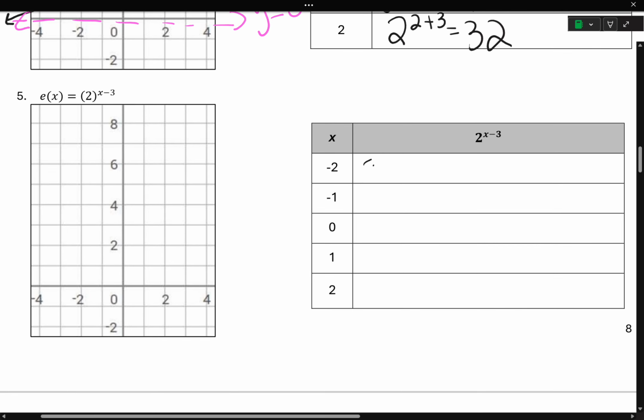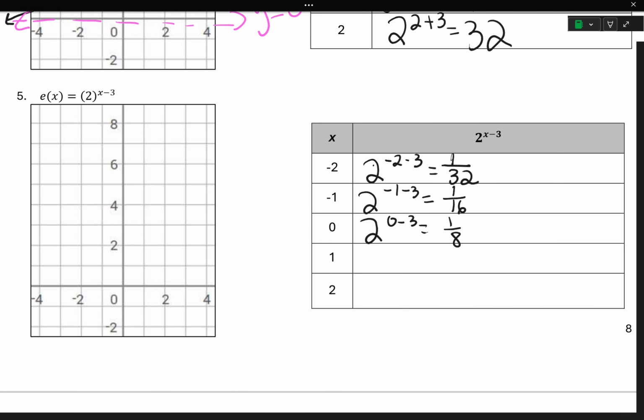Okay, calculator time. 2 to the negative 2 minus 3 is 1/32. 2 to the negative 1 minus 3 is 1/16. 2 to the 0 minus 3 is 1/8. 2 to the 1 minus 3 is 1/4. 2 to the 2 minus 3 is 1/2.